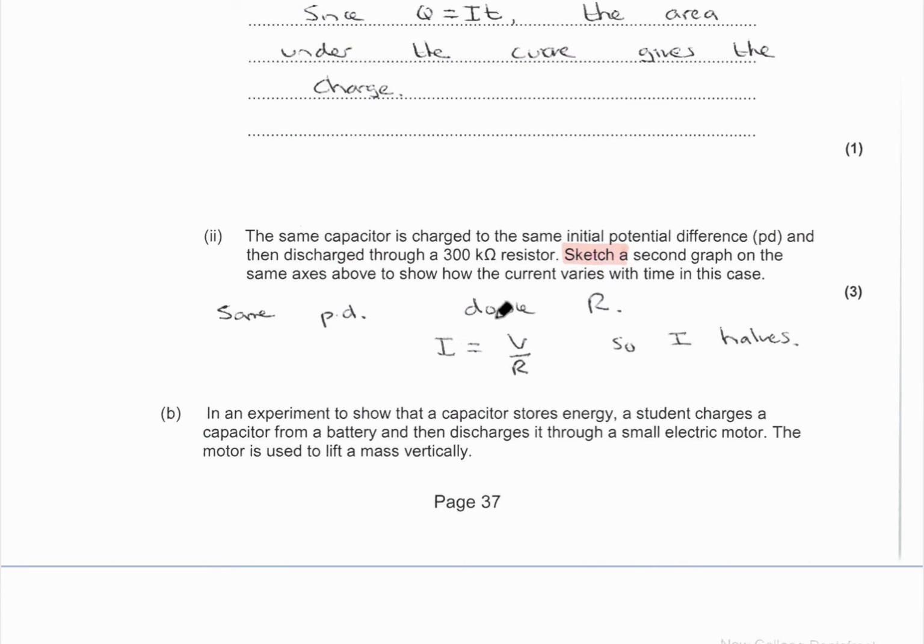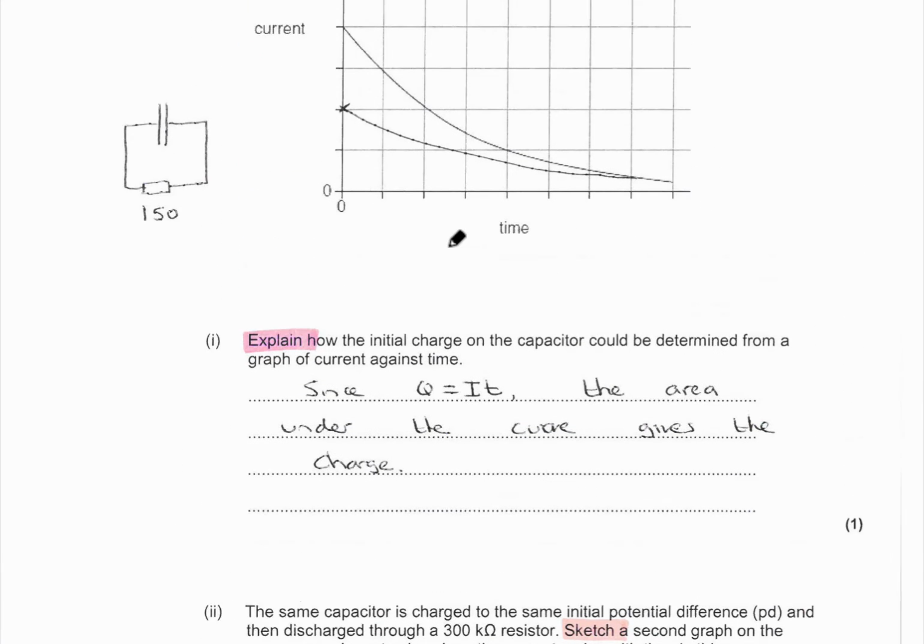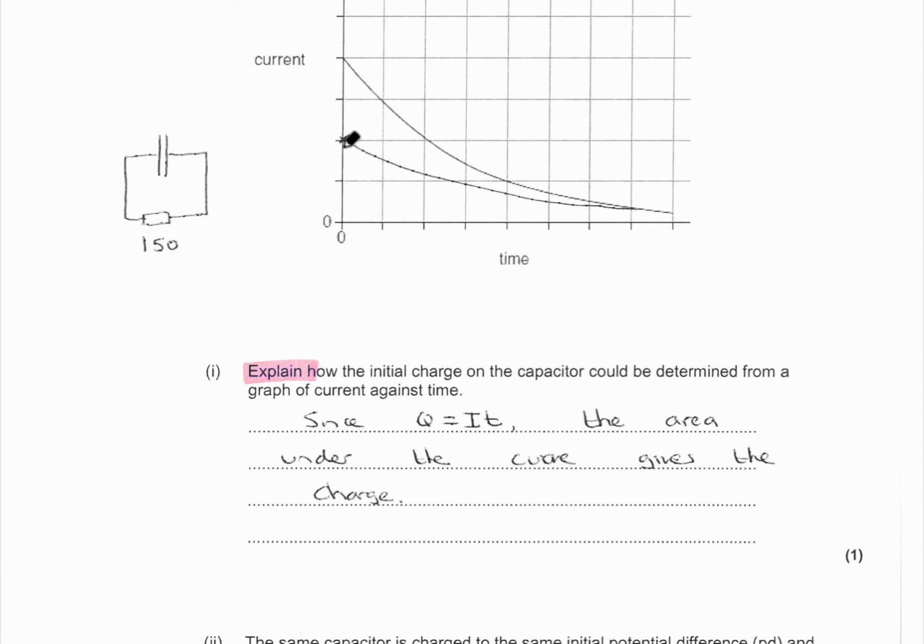So the starting current, when we discharge the capacitor through this resistor, will be half what it was when we had a 150 kilo ohm resistor instead. So if we go back to our graph, that's our first marking point. The first mark you get is for putting a little cross at half the current compared to what it was when it was being discharged through the 150 kilo ohm resistor.